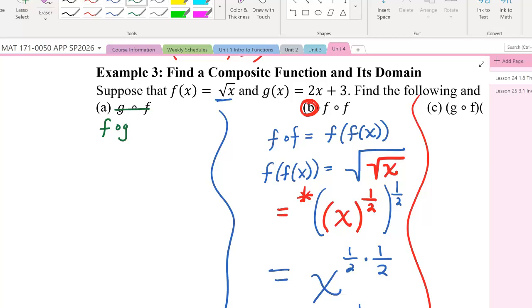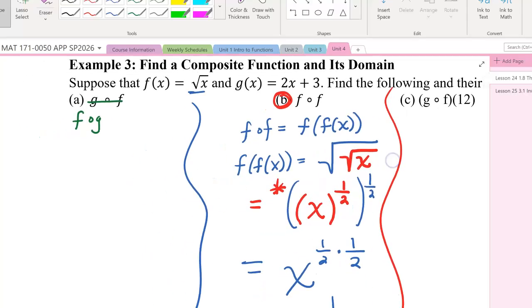I have changed example 3a to f composed with g rather than g composed with f because the domain is a little more interesting in this example.